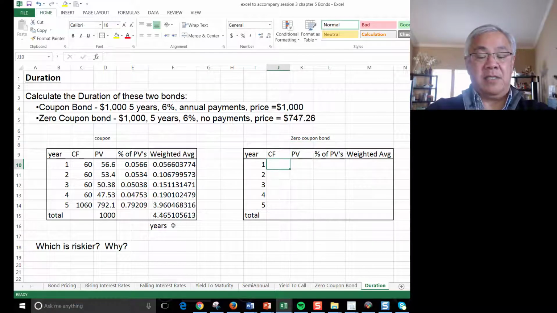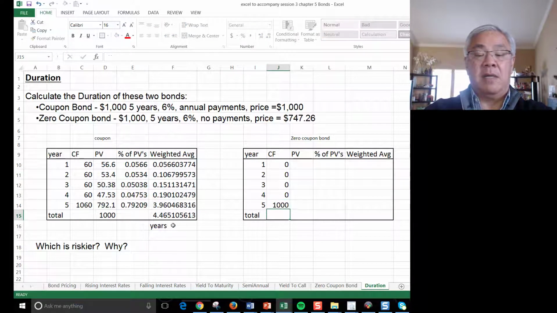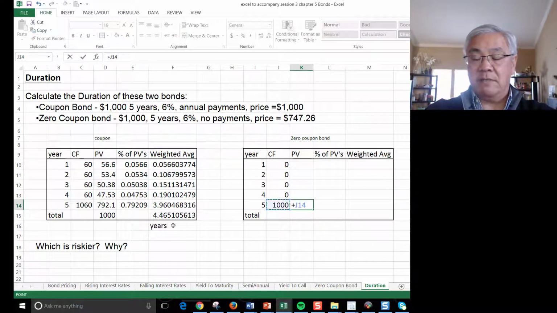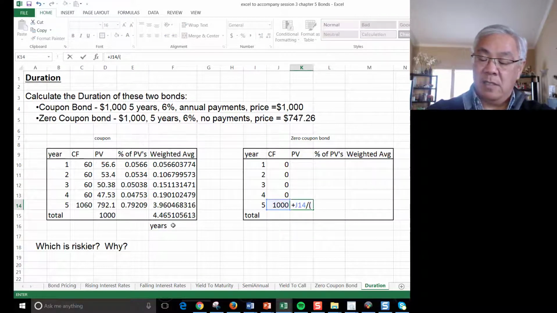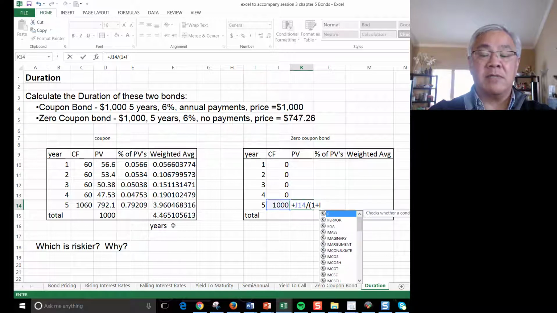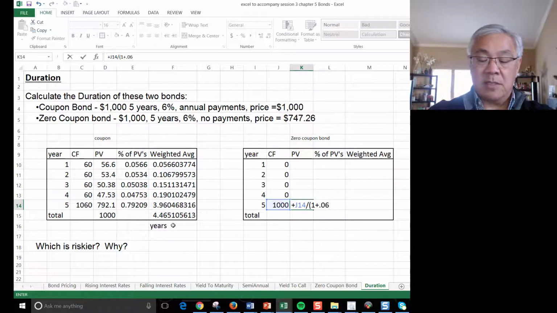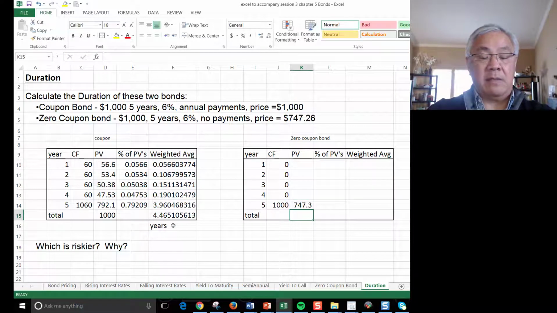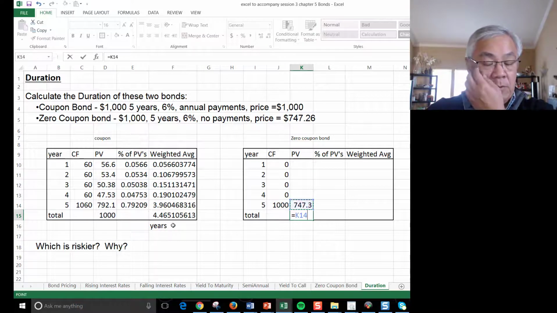Now the cash flow for a zero is simple because it's 0, 0, 0, 0, and then the full amount, 1,000. So the PVs, this would be 1,000 divided by, open parens, 1 plus 0.06, raised to the power of 5. Sum it, which just means that number.